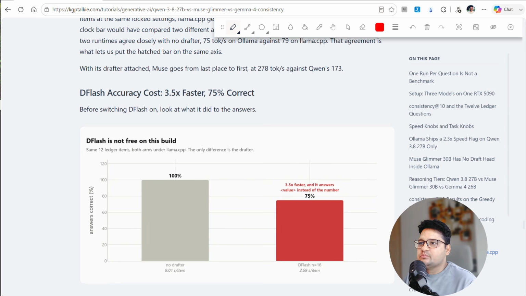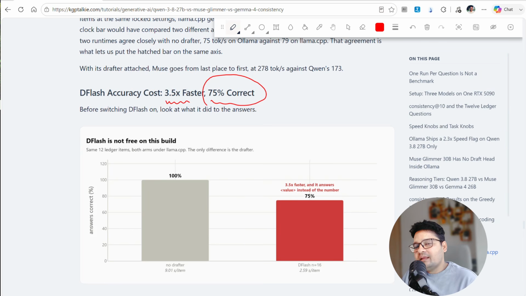Now the question is, is DFlash really accurate? This is where it is going to be very important. DFlash gives us very high speed, but you will notice that the DFlash accuracy is actually decreasing.